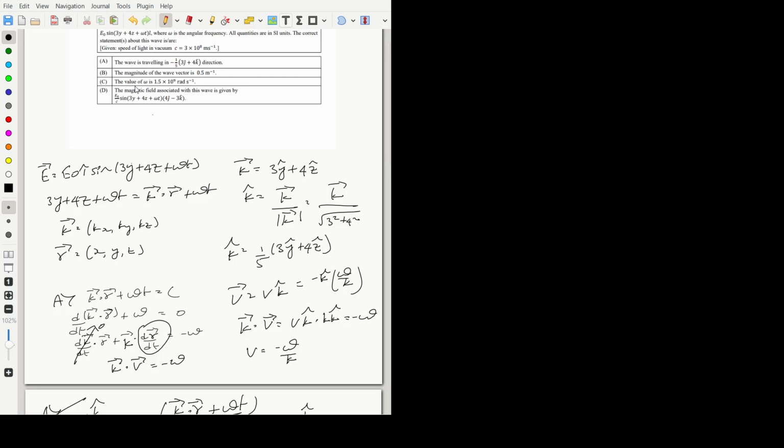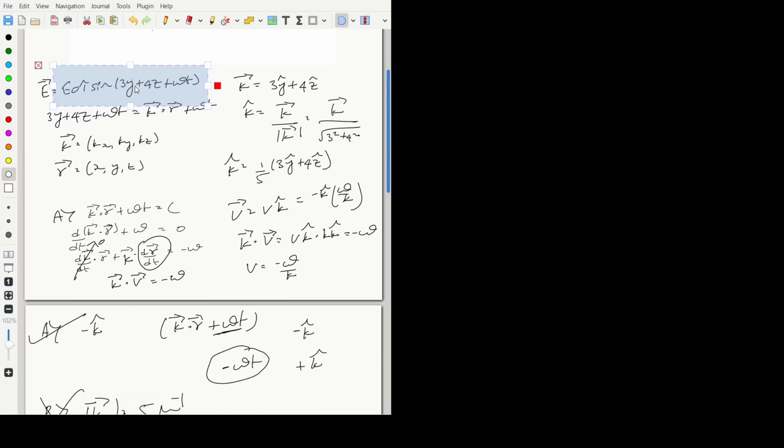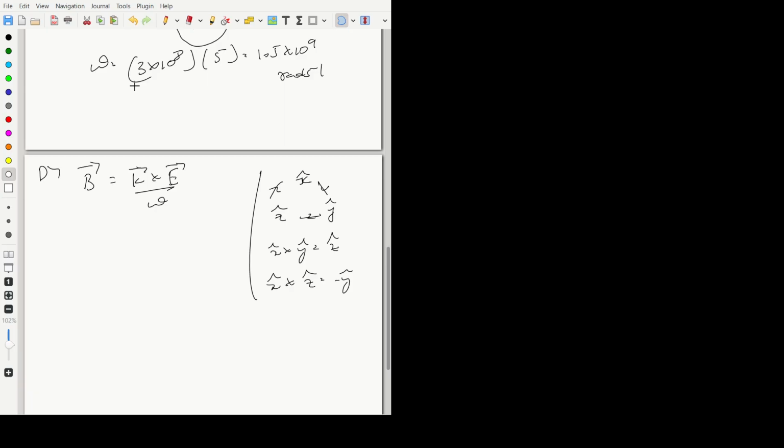Let me copy the expression for the electric field and I'll write down k. So k was 3 y cap plus 4 z cap.